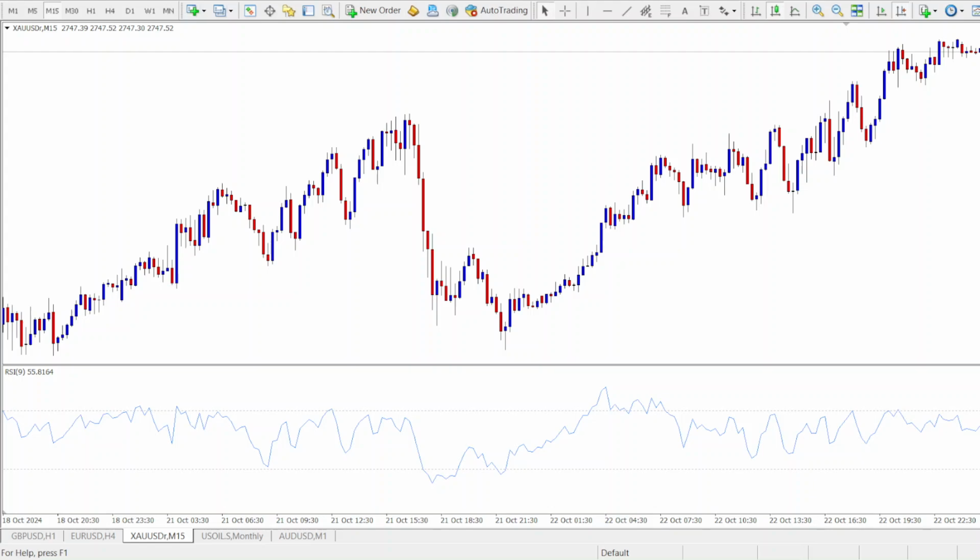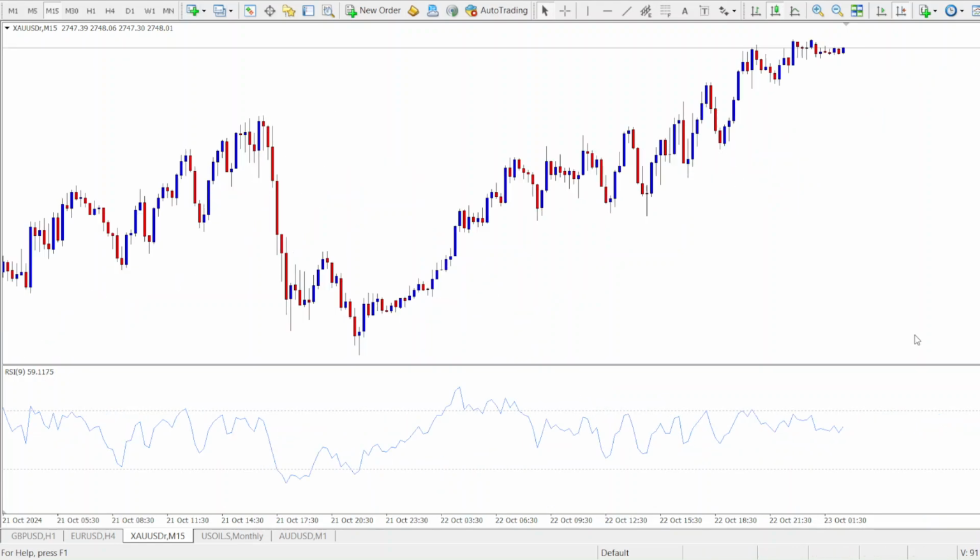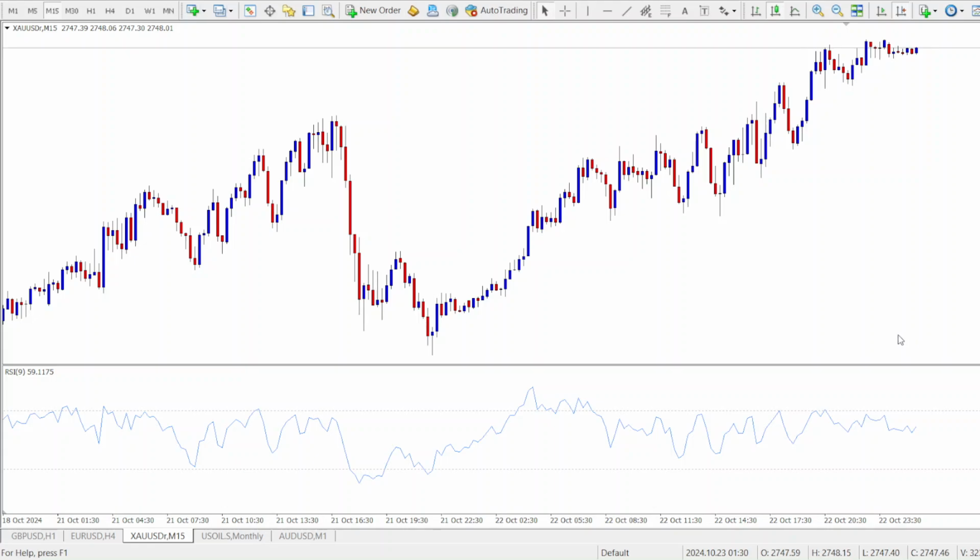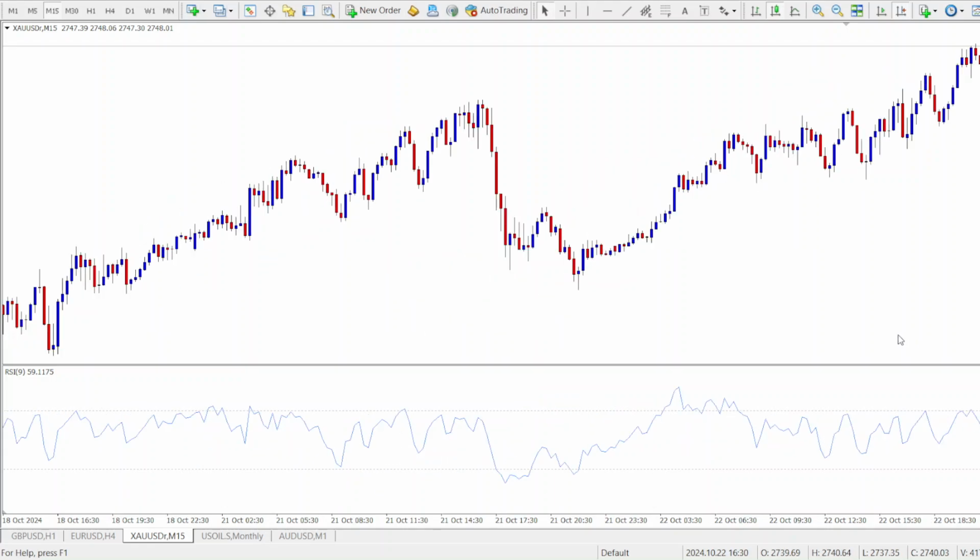Now that we know the best settings, let's talk about some effective strategies for using the RSI on a 15-minute chart. One popular method is to look for divergences. If the price is making new highs, but the RSI isn't following suit, it could signal a reversal.